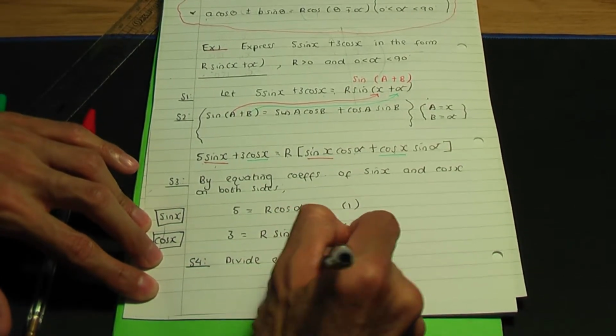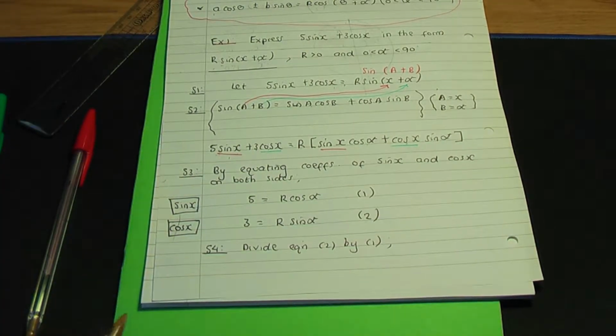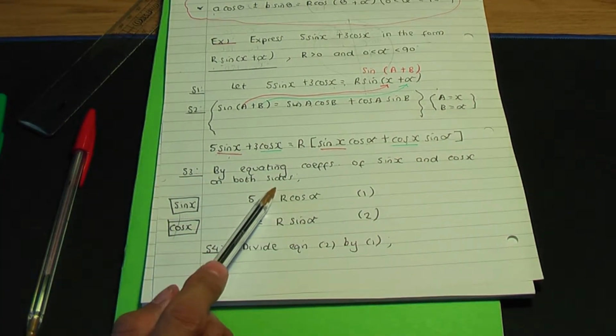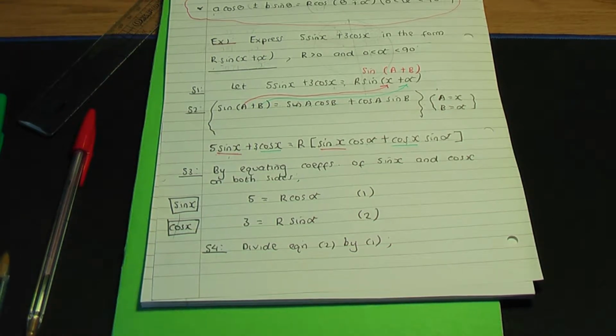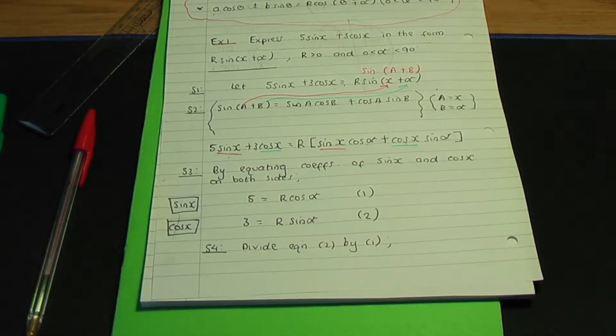The reason for dividing in the order sine over cos is, sine over cos, remember, is tan.